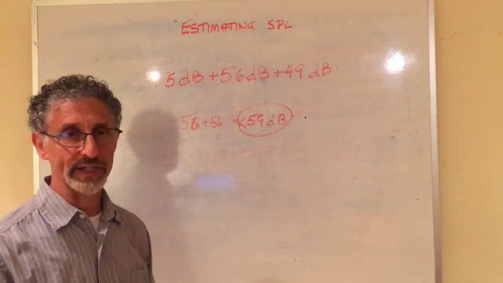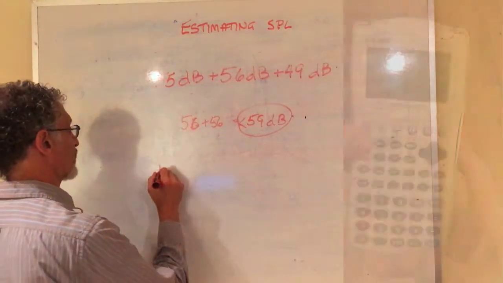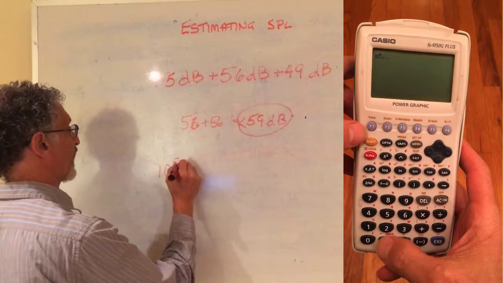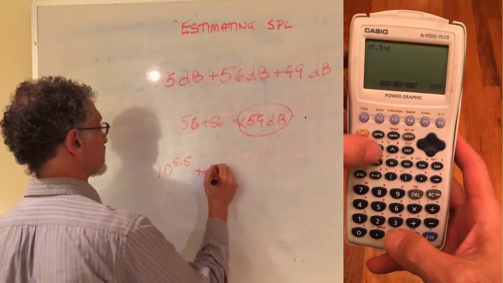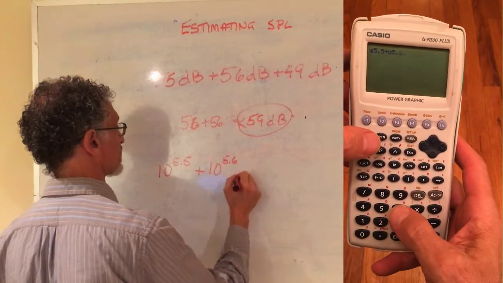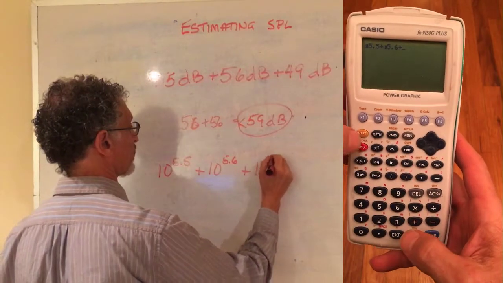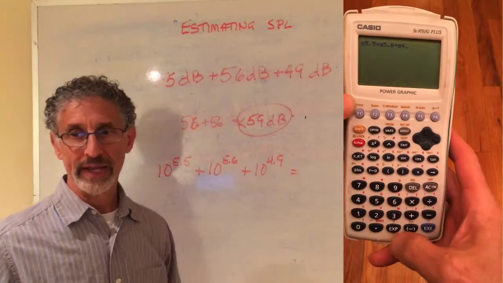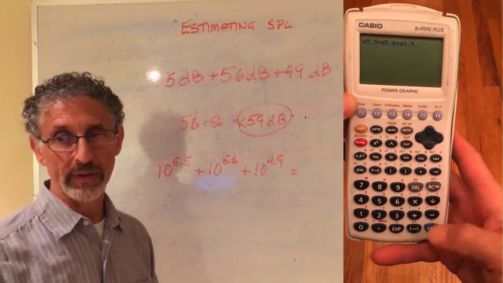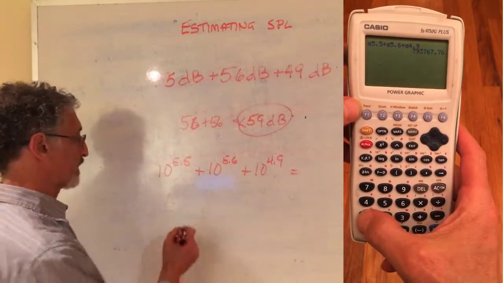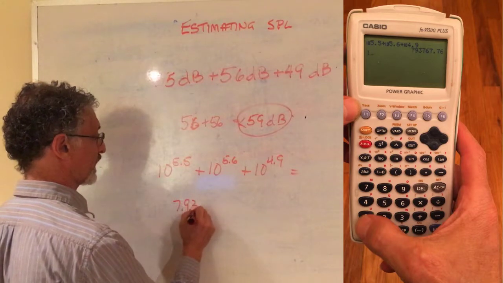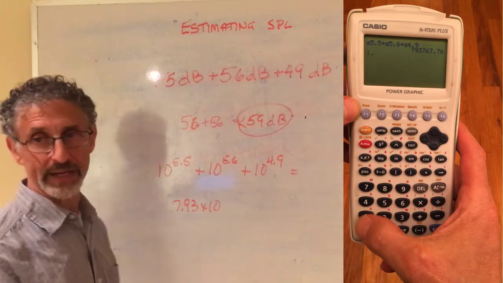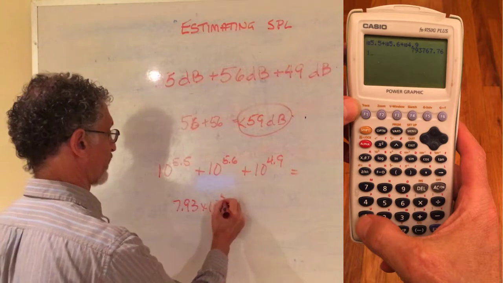So let's see what our answer is. So we go 10 to the 5.5 plus 10 to the 5.6 plus 10 to the 4.9. We add that together, it becomes a very large number, which turns out to be about 7.93 times 10 to the 5th.